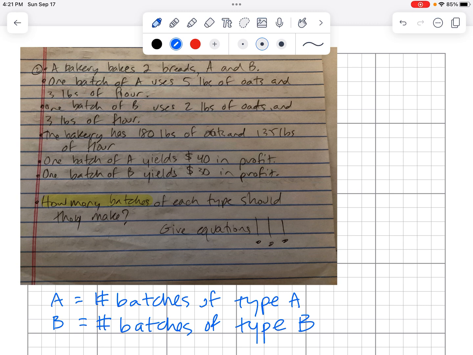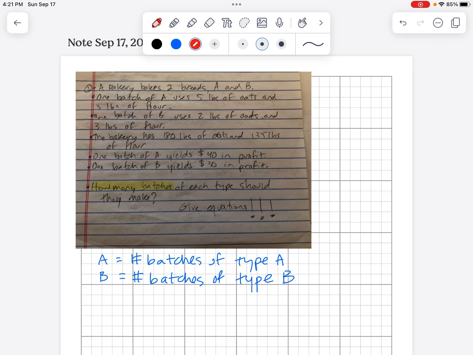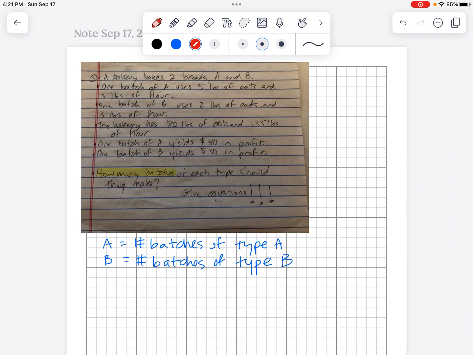And so I'll go ahead and read the question again, and I'm going to look for my inequalities. And before I even read the question again, I'm going to realize that there are some hidden constraints here. There's no way that the bakery could make a negative number of type A. And so I'm going to start by saying I know that A has to be greater than or equal to 0.